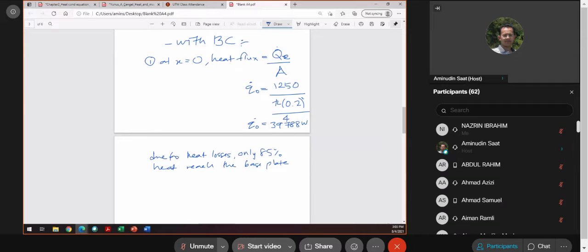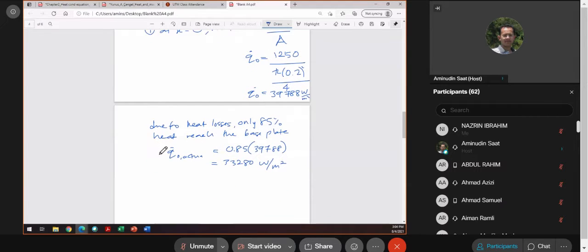So Q dot 0 actual equals 0.85 times 39788. Probably you got a value of 33,280 watt per meter square. Sorry, this is per meter square.